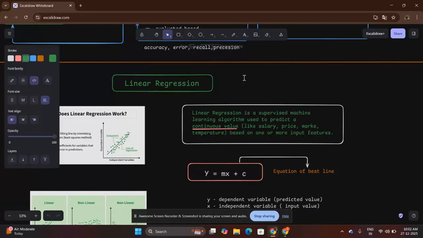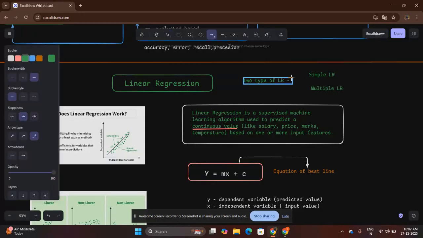Because there are two types of linear regression: simple linear regression and multiple linear regression.